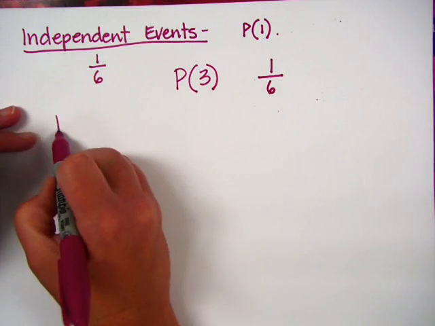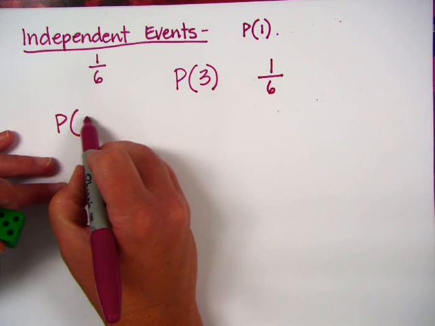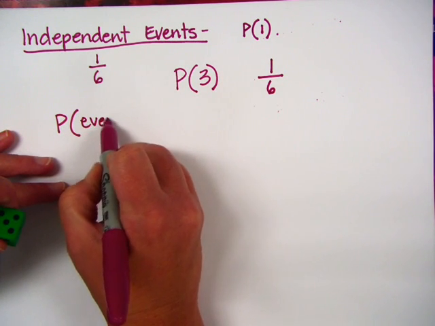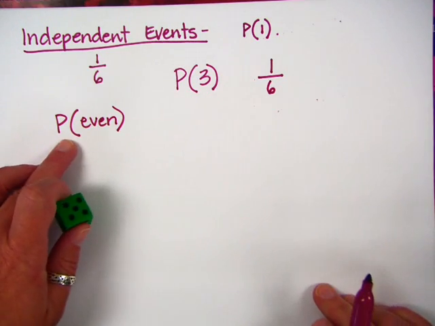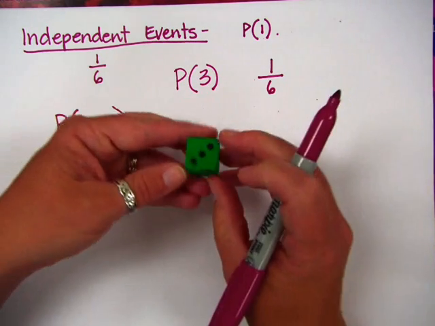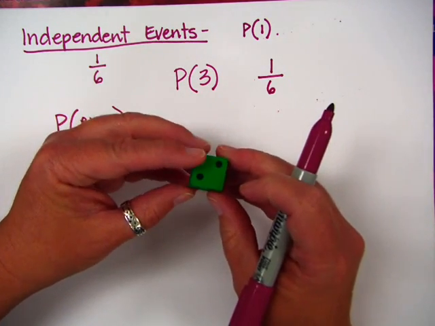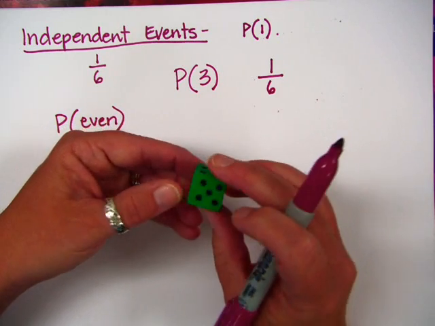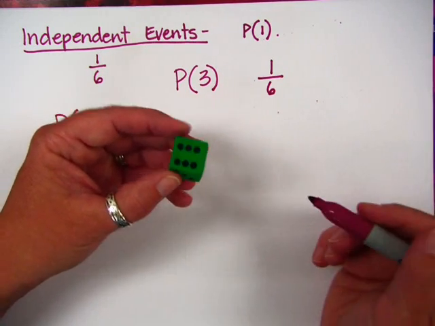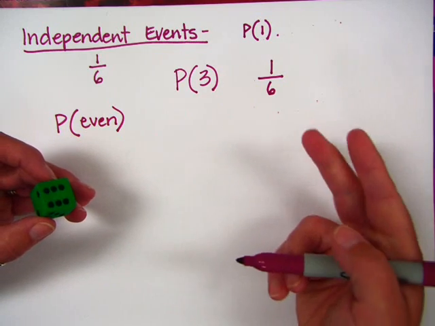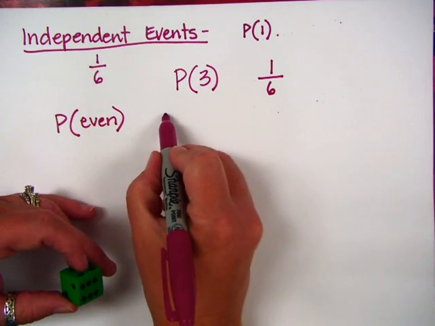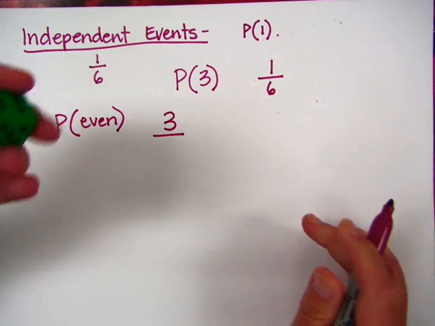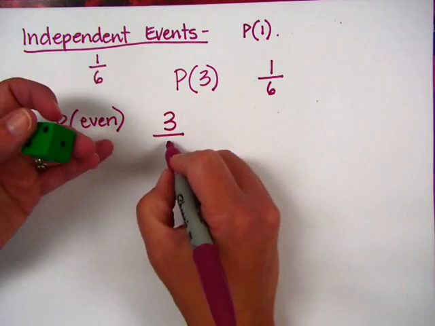So what if I said, what is the probability of rolling an even number? Well, if I look on a dice, I know that 2 is even, 4 is even, and 6 is even. So how many numbers on the dice are even numbers? 2, 4, and 6. So that means there are 3 even numbers. And how many total numbers are on the dice? 6.